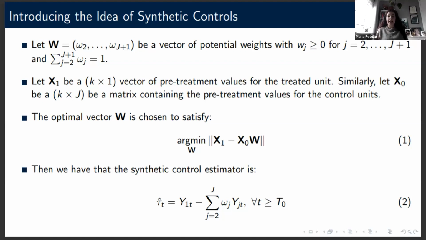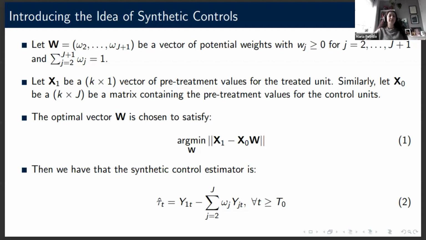And what we want to find is the vector W which allows us to minimize what is in equation 1, so a vector that will try to minimize the difference between X1 and X0 once W is applied to X0. Once we have the weights, we can plug these weights into equation 2, and we find basically the average treatment effect on the treated.